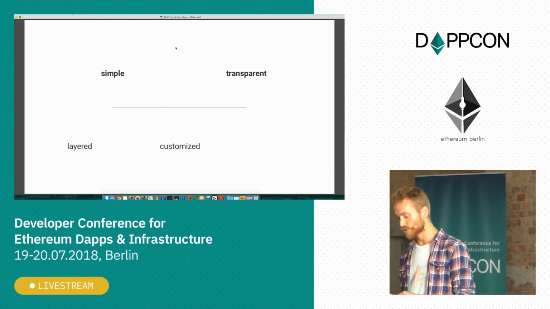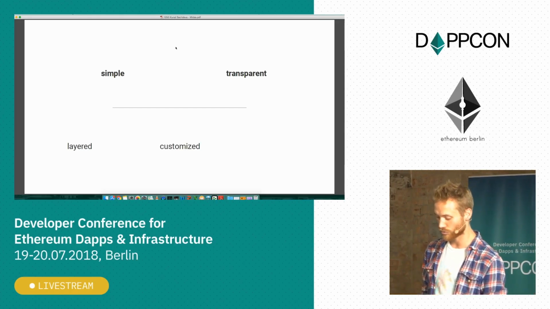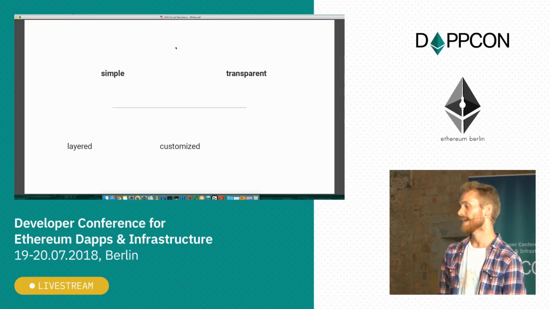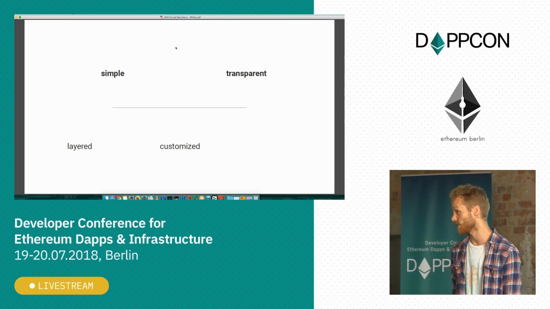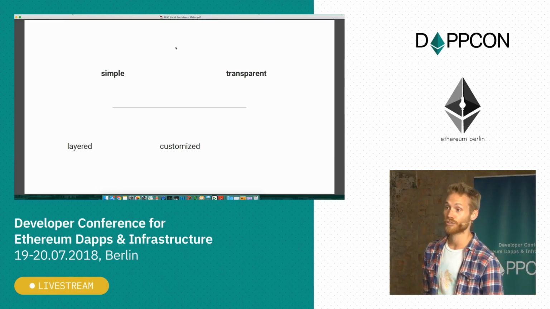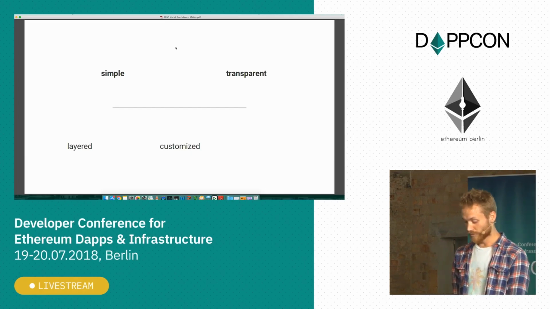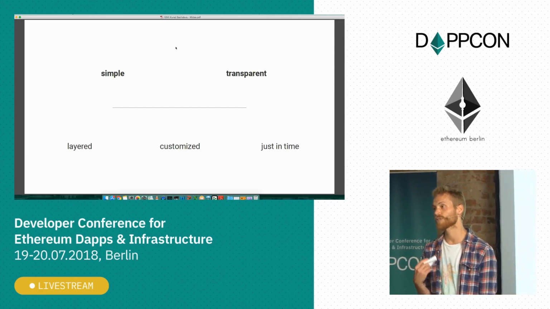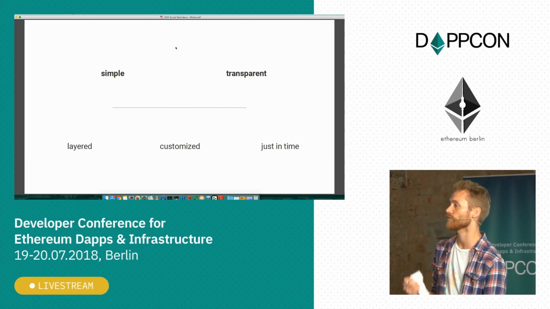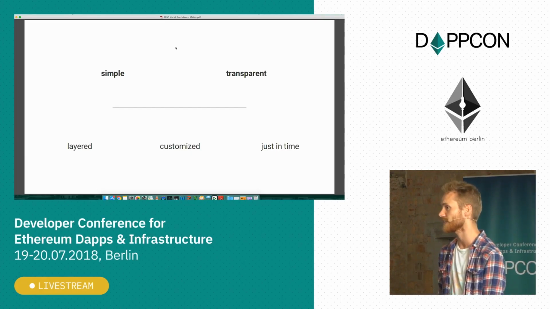Another strategy is to customize the information we want to show depending on the user details, so tailored to the user. We all are different, and so are our wallets, and we should use that. Finally, for some specific use cases, some information we might want to show on the fly or just in time.